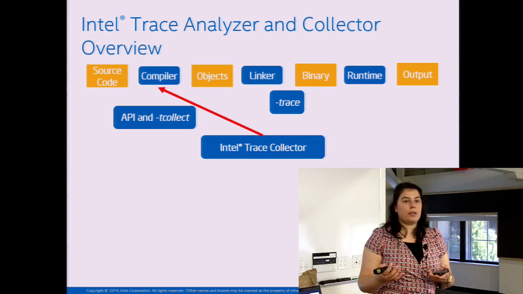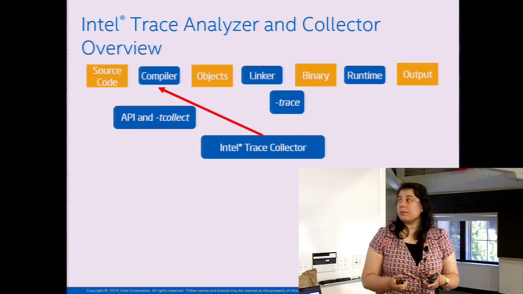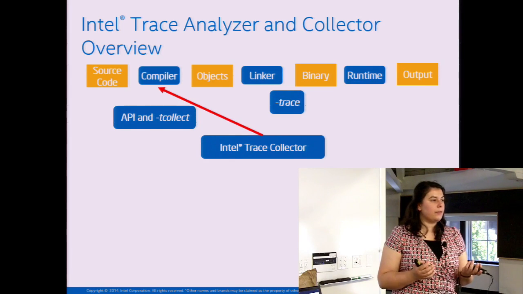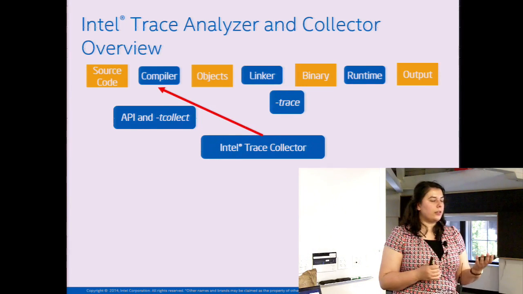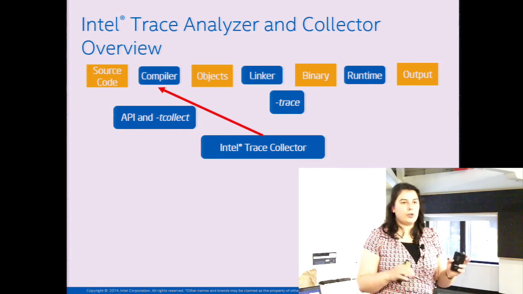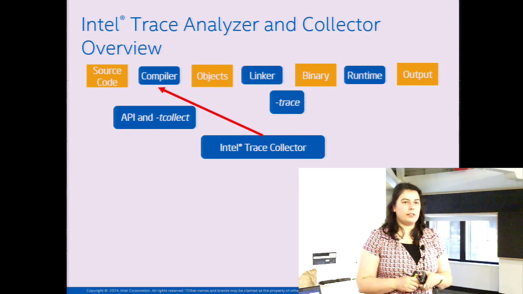Of course, this will collect a lot more data, so be somewhat careful with enabling that switch. We also provide a set of rich APIs, so if you really want to be specific about where you start and end the collection, you can use VT trace on and VT trace off. It's fairly easy to use the API calls to start and end collection at any given point.